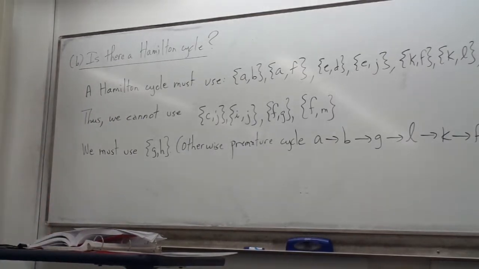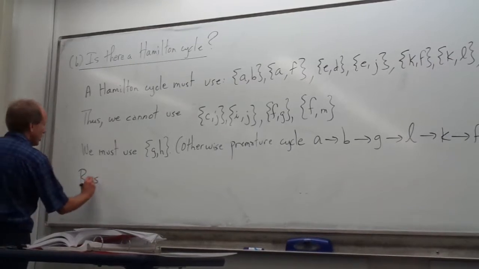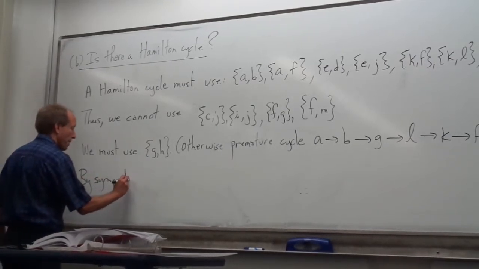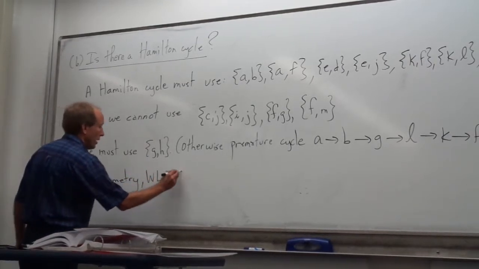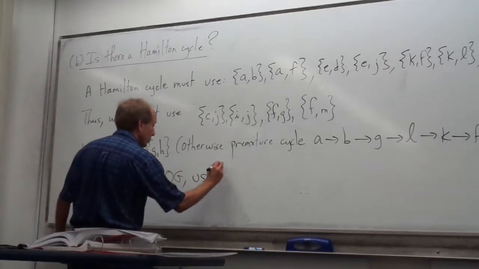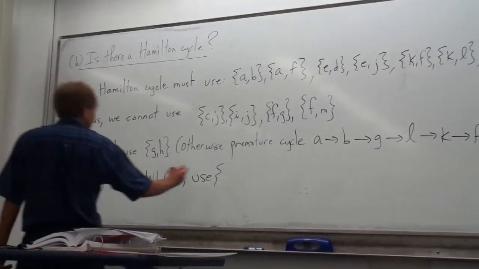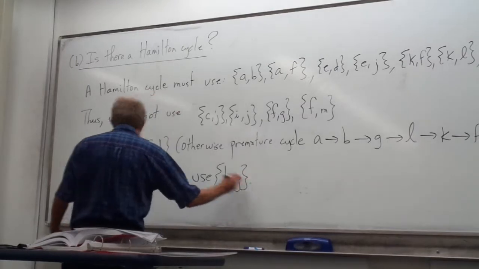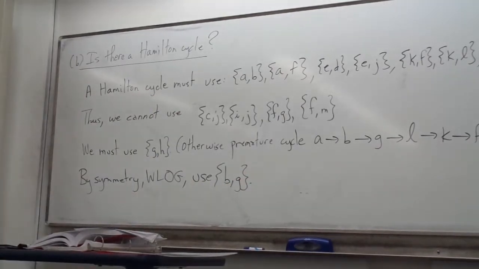And then I'm going to take Joseph's suggestion and use the symmetry. By symmetry, without loss of generality, let's say we use BG. That might be just enough to force enough things to happen. So I'm going to use BG, which means what now?